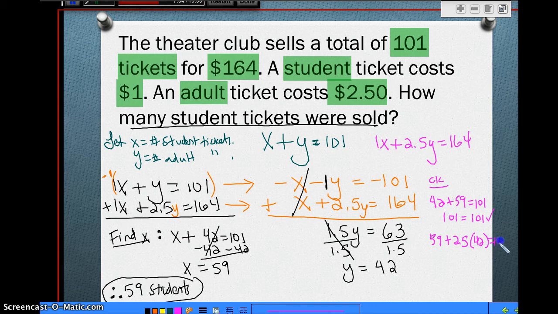Does that equal 164? It's 59 plus 2.5 times 42 equals 105. If you take 105 and you add that to 59, it will give you 164. So it checks, and therefore my circled answer over here is correct.